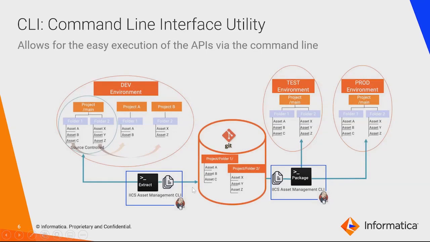So you extract the code, you put it in Git, and after that you check out and package it, and then deploy it to a higher environment. Once testing is completed, you use the same code, or if any modification is there, then you go through the same process again.